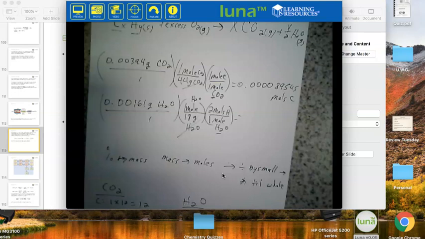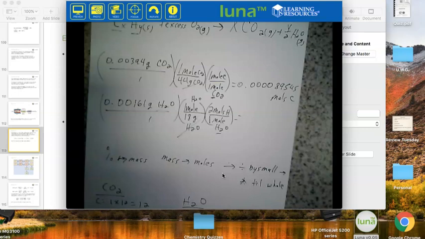For every 1 mole of C6H12O6, there'd be 6 moles of C, because there are 6 atoms of C. So there's 6 atoms, so it's equivalent to 6 moles. Here, the same thing I did here. With H2O, there's 2 atoms of hydrogen, so it's 2 moles there. It's only 1 mole of carbon because there's only 1 atom there.